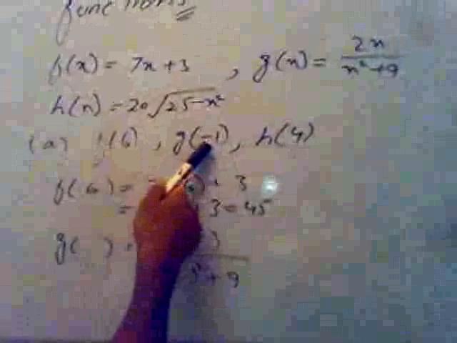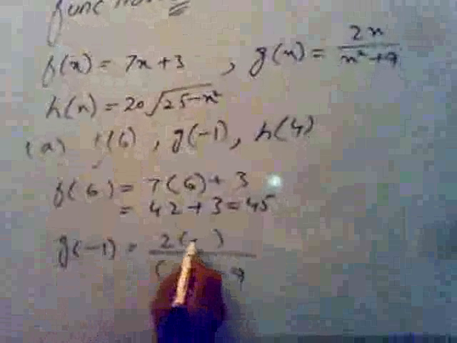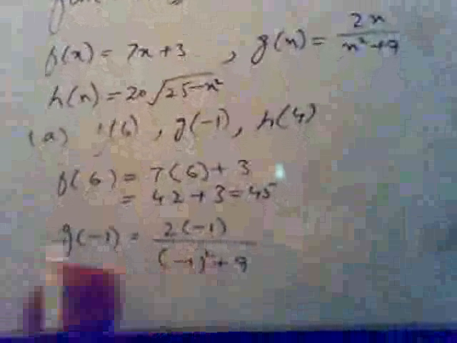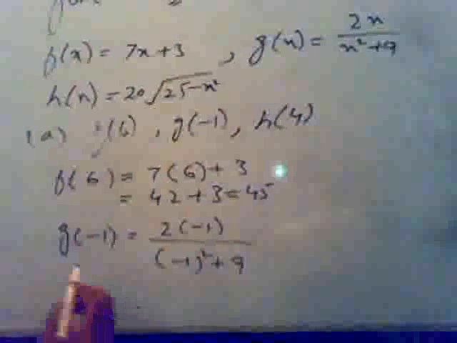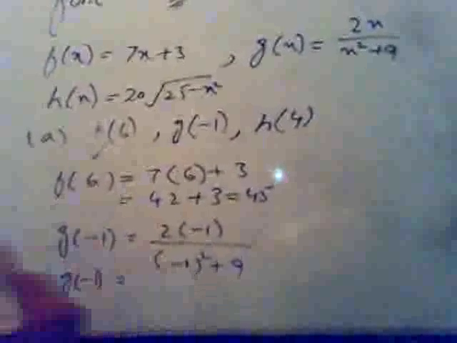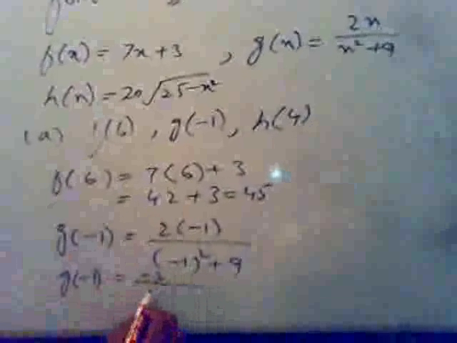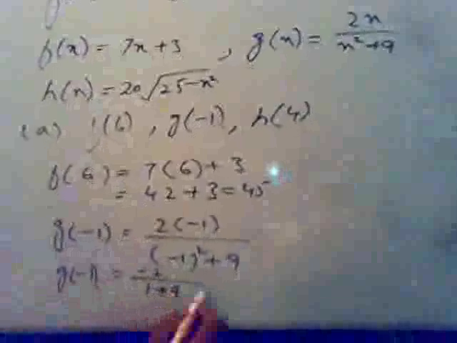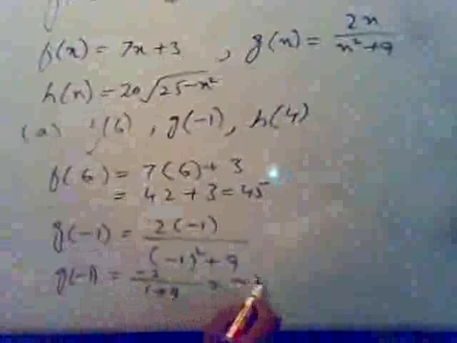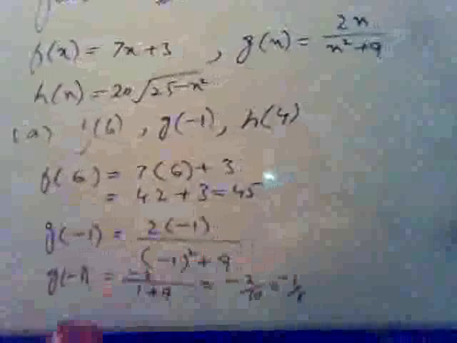So we'll replace x with minus 1 in the brackets. The numerator will be negative 2 over negative 1 squared, which is positive 1, plus 9. So the answer will be minus 2 over 10, that is minus 1 over 5.